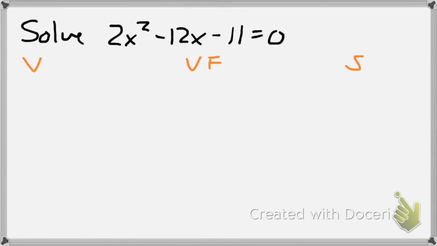So first, finding the vertex, which you're all familiar with. Opposite of b over 2a, comma, plug and chug. Opposite of b is 12, over 2a, which is 4. And so the x-coordinate of my vertex is 3.